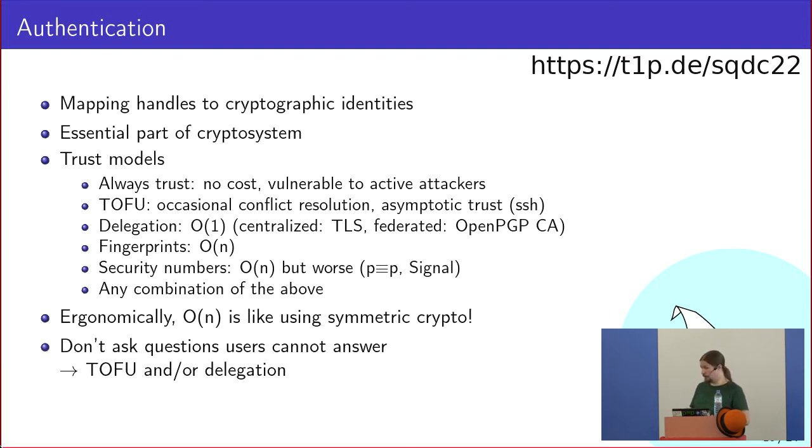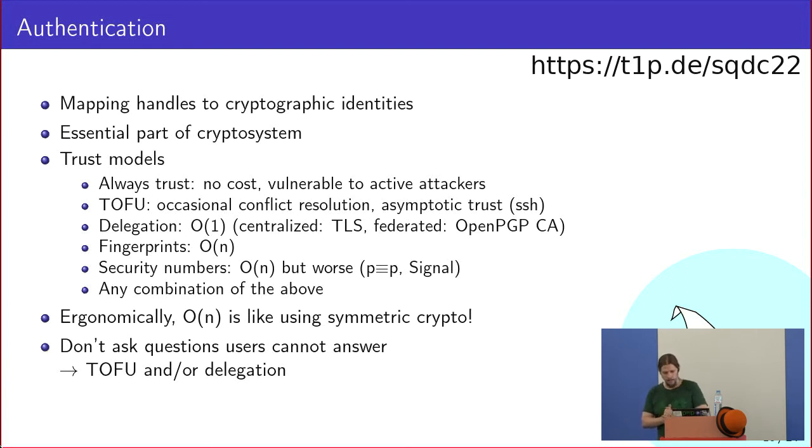You can do delegation, which is really nice from an ergonomics perspective. You can do a kind of centralized delegation like in TLS, or you can do the federated approach like we try to do with OpenPGP CA. You can resort to comparing fingerprints, which is kind of expensive, because if you have n contacts, you need to compare n fingerprints.